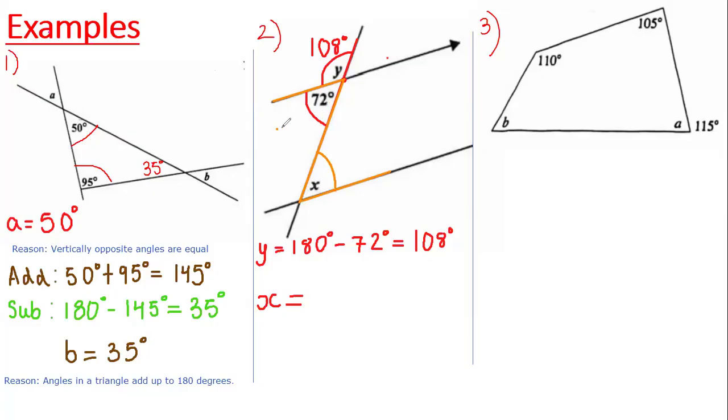This is 72 here, and this is X. Do you all see the Z shape? Yes, sir. Good. So as you can see, this is a Z shape. So that means that they are equal. And so X is going to be equal to 72 degrees.